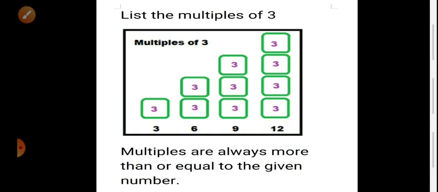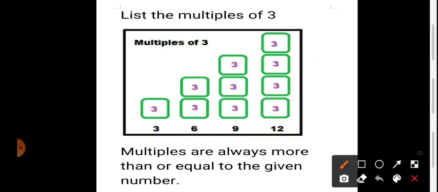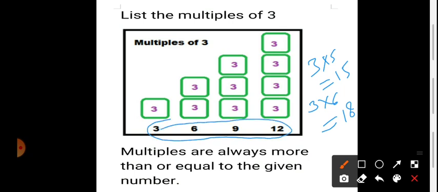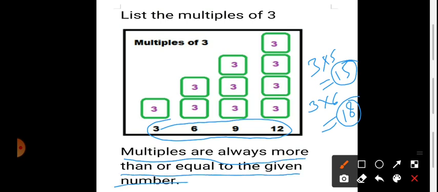If we multiply 3 into 5, it will result 15. 3 into 6, it will result 18. Okay, so here 3, 6, 9, 12, 15 and 18, all these are the multiples of 3. So multiples are always more than or equal to the given number.